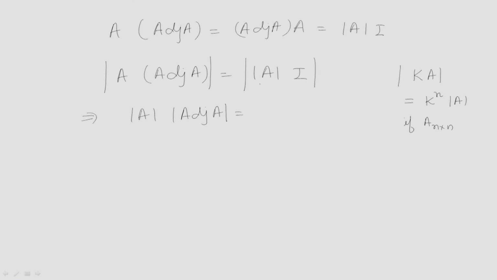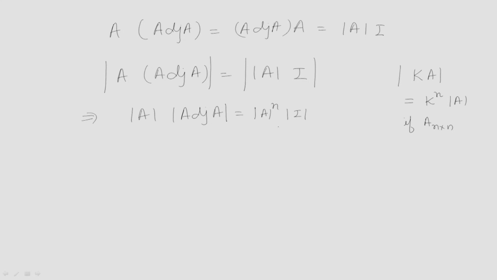So, K raised to power n will be common and then it will be determinant of A. So, here determinant of A works as K because it is a scalar quantity, and I is a matrix of order n cross n. So, it is determinant of A raised to power n and determinant of I. Determinant of I is 1. So, this implies determinant of adj A is simply determinant of A raised to power n minus 1.